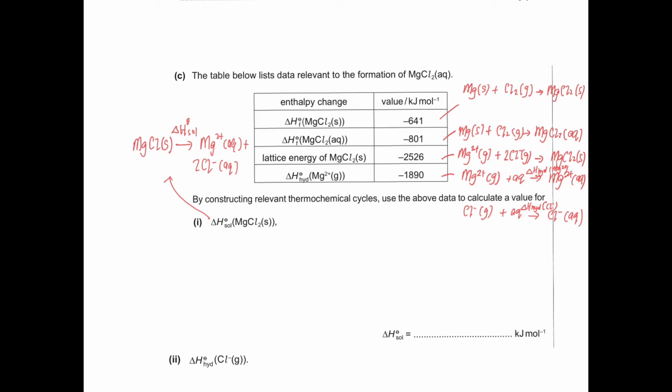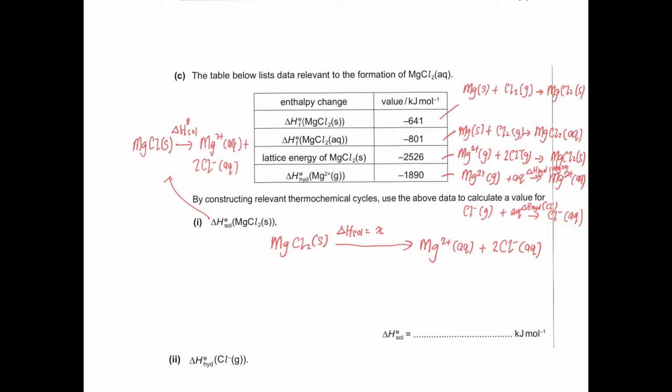So we write an equation this way: magnesium chloride solid, delta H solution, which is unknown at this moment, I call it X, gives the products magnesium 2 plus aqueous plus 2 chloride aqueous. This is the equation that represents the solution of magnesium chloride.